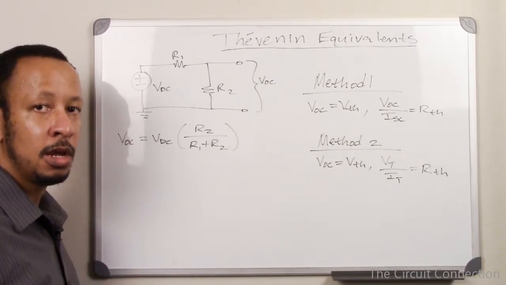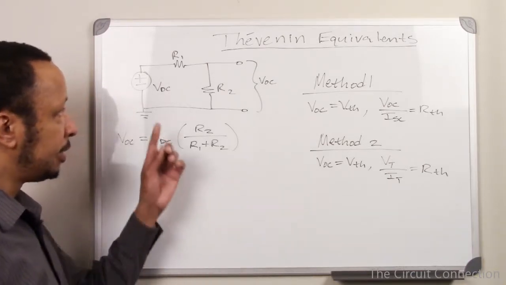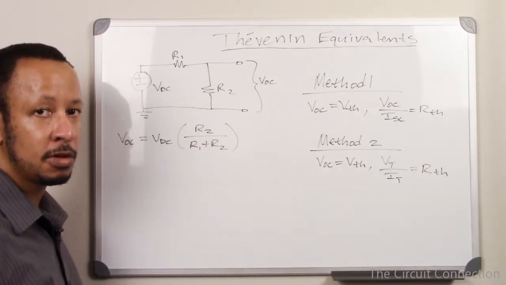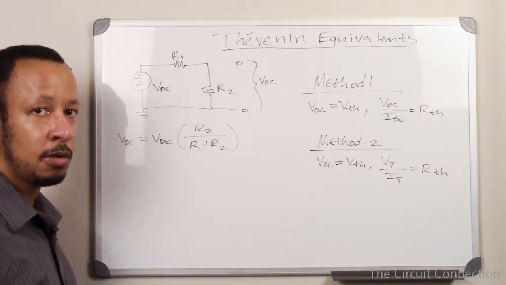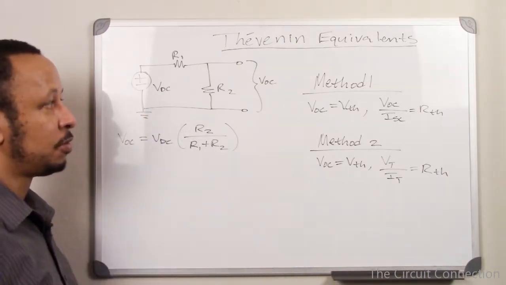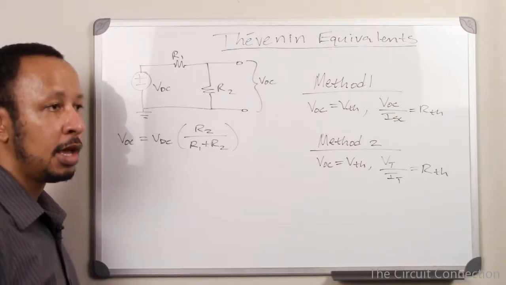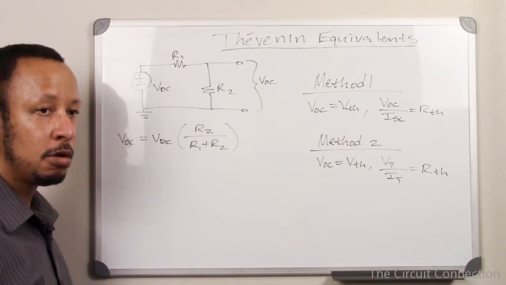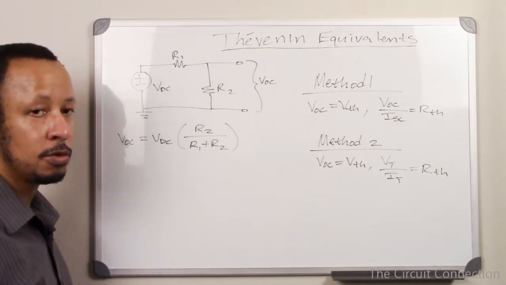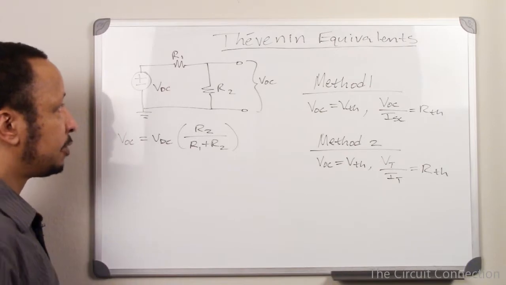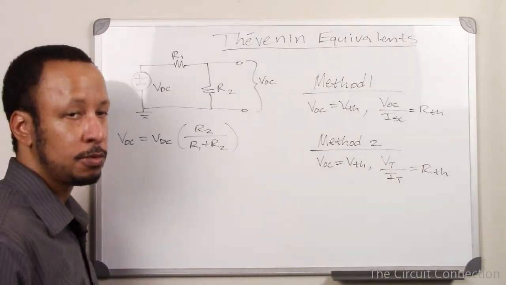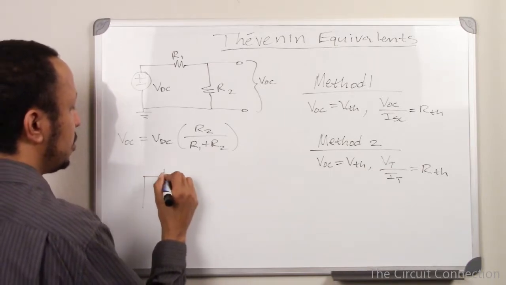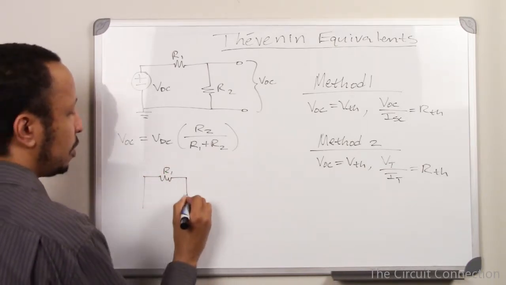When we suppress it, because the resistance of an ideal voltage source is 0, we replace it with a wire. If it had been a current source, we would replace it with an open, because the internal resistance of an ideal current source would be infinity. But in our case, we have an ideal voltage source, so we replace it with a wire, or a short circuit.